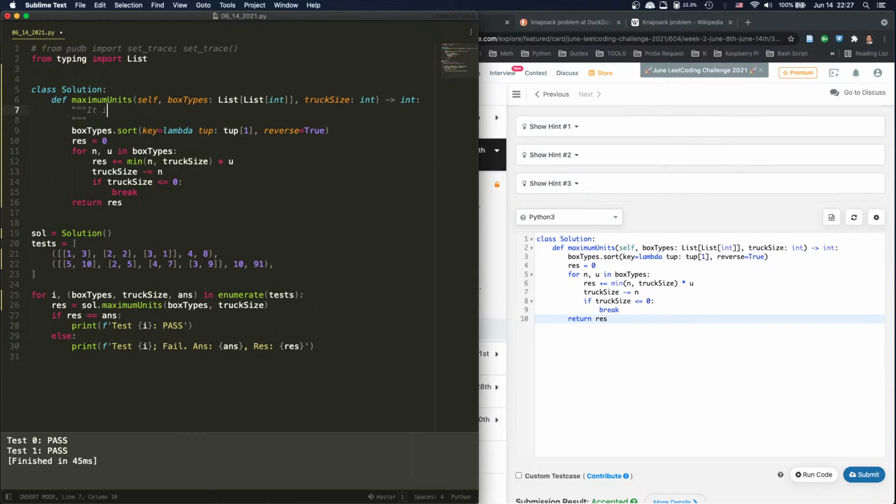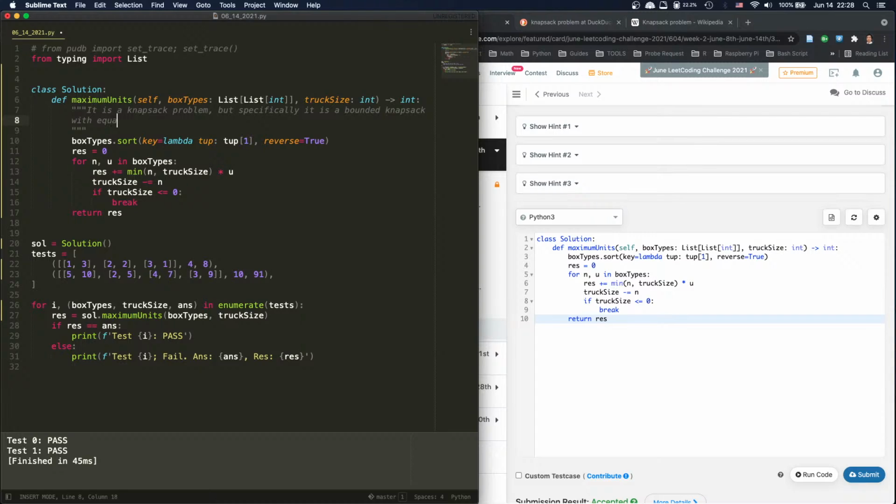It is a knapsack problem, but with equal weight, right? Specifically, it is a bounded knapsack with equal weights on each item.